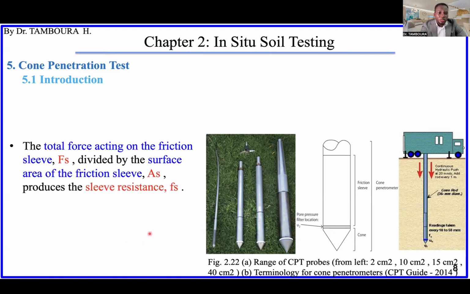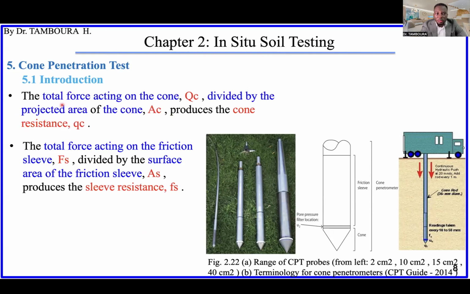Because we are pushing, these forces are pushing the cone into the ground. The cone being pushed, you can guess that there will be a resistance against that force, right?